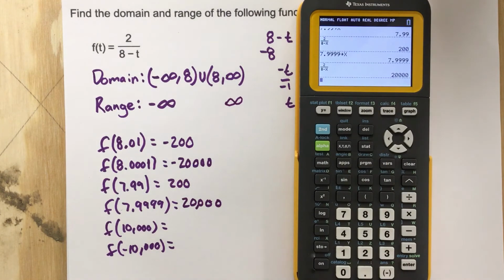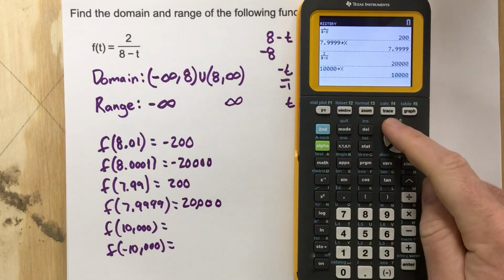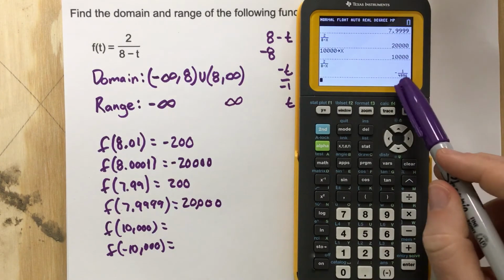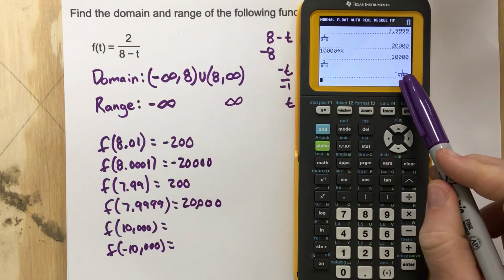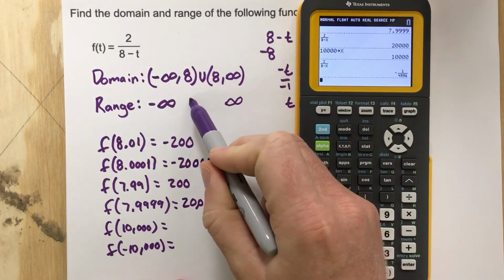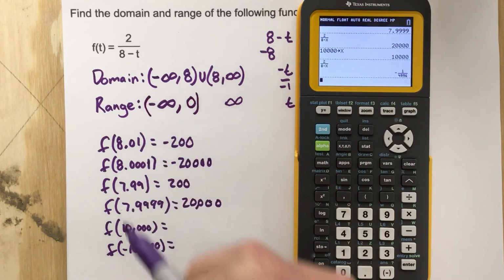Now I'm going to use 10,000. So 10,000, store it as x. Very small number. As I plug in 10,000, I get a really small number. That's going to approach 0 from the left. So I know 0 is going to be a part of this side of my range, but it's not going to get to 0.